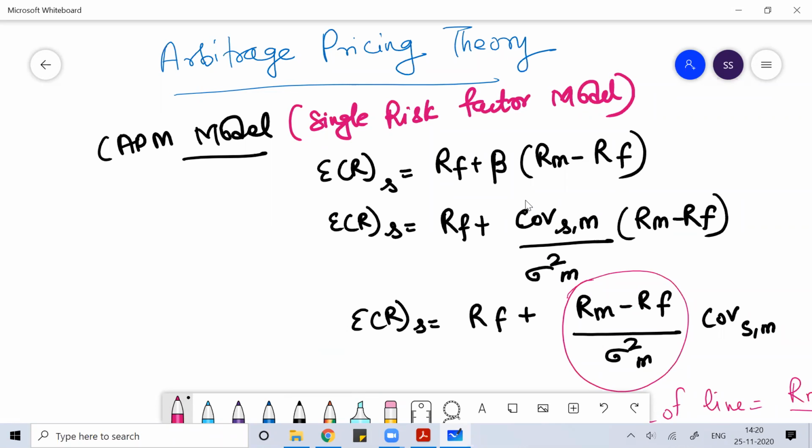The unsystematic risk we can minimize by forming portfolios. When we create portfolios, we choose those stocks for which the coefficient of correlation is negative, not those stocks which have a positive coefficient of correlation. So automatically, what will happen?